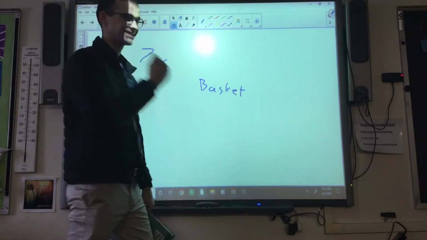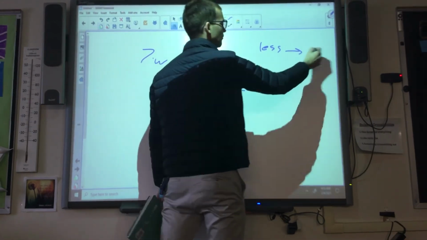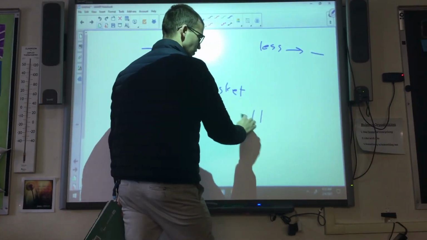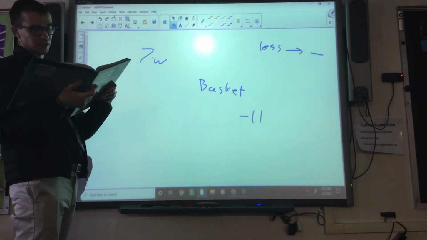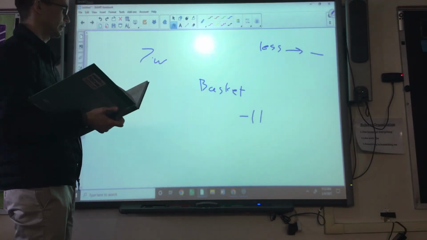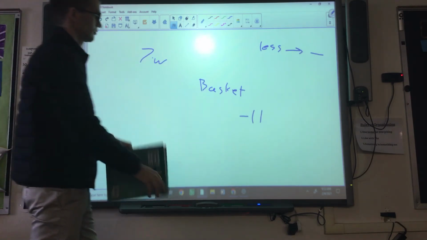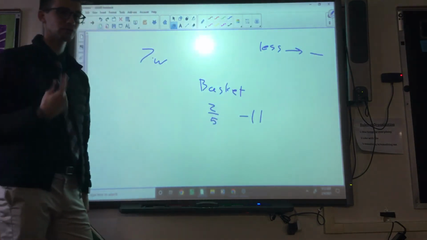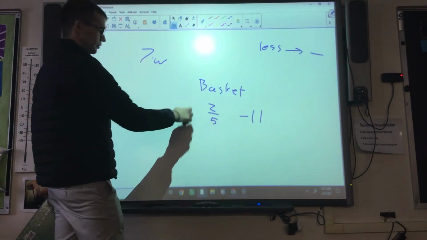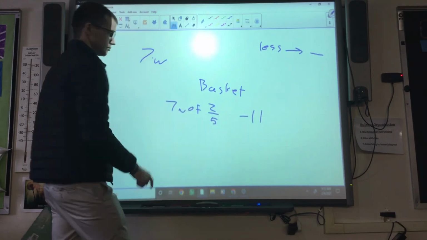Anytime you see less, that means minus. 11 pounds less, so that means minus 11 pounds. 11 pounds less than 2/5 the weight of the watermelons. The watermelons is 7W, so it's 2/5 of 7W.